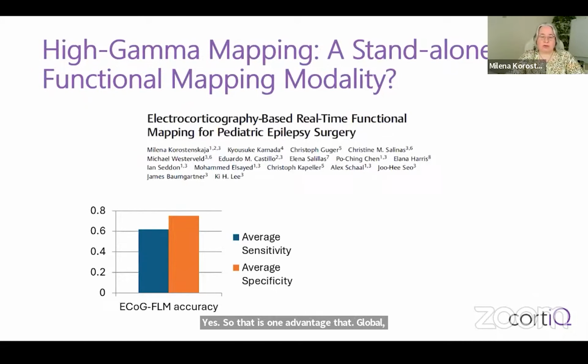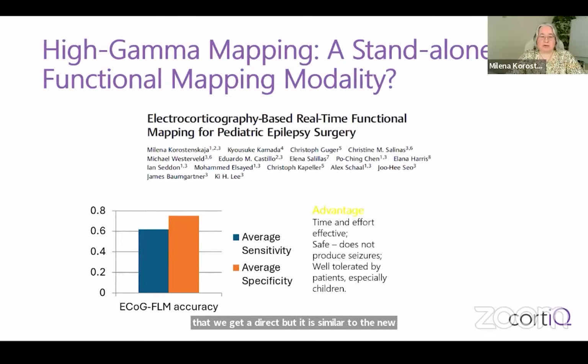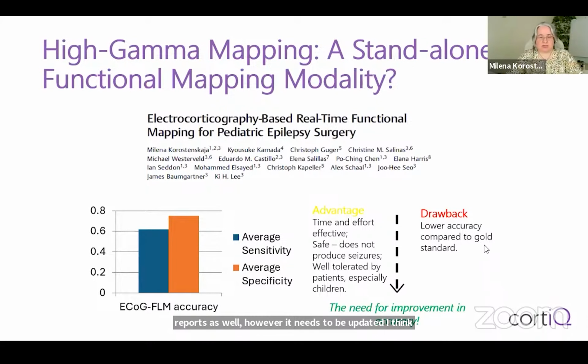And the data that we gathered is similar to the new reports as well. However, it needs to be updated soon, and maybe we will do this update, I hope, in our new review article.